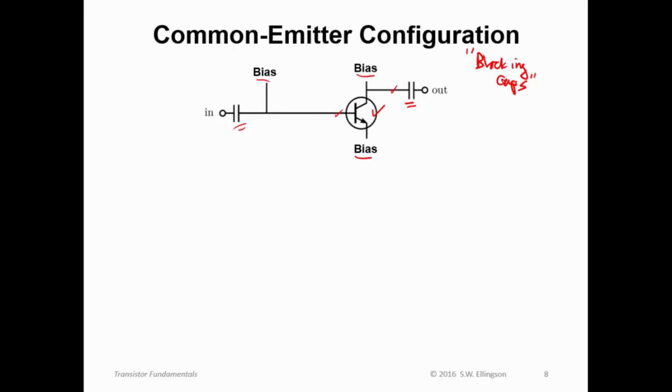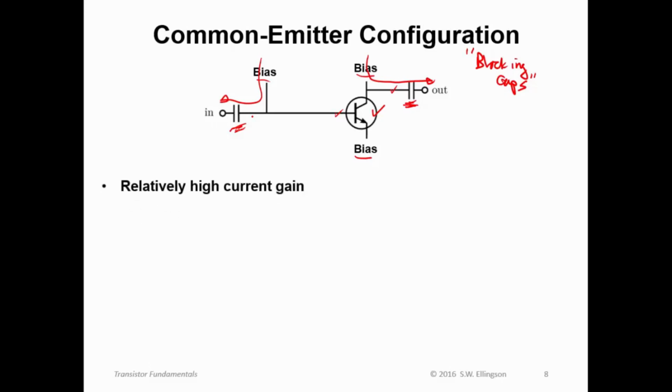The purpose of those blocking capacitors, as shown in this diagram, is to keep the DC from flowing out the output or out the input. Now, these may or may not be actual capacitors here, and there are other ways to block the DC, but frequently you will see something like this, and they will be there for that purpose.